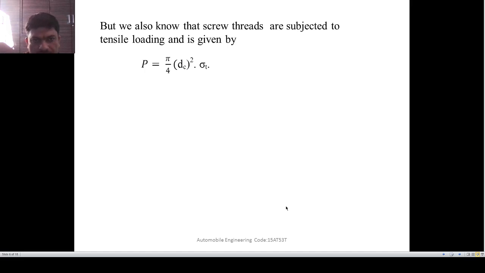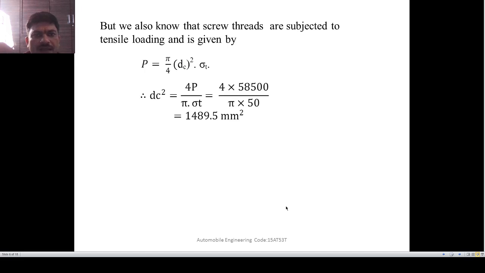Sigma t is already given. Simplifying for dc square, we get dc square equal to 4 into P divided by pi into sigma t. Put the values and find the result.